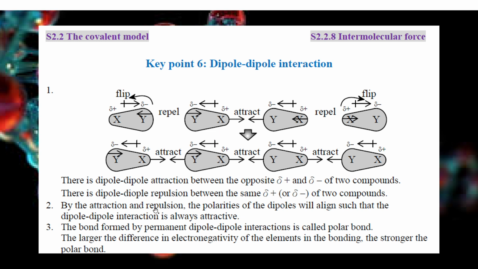Although there is a chance of dipole repulsion, they always reorient quickly, so they can be assumed to be attractive. So remember, dipole-dipole is strongest. Then dipole-induced dipole, and then the random dipole, temporary dipole and induced dipole. So one by one.